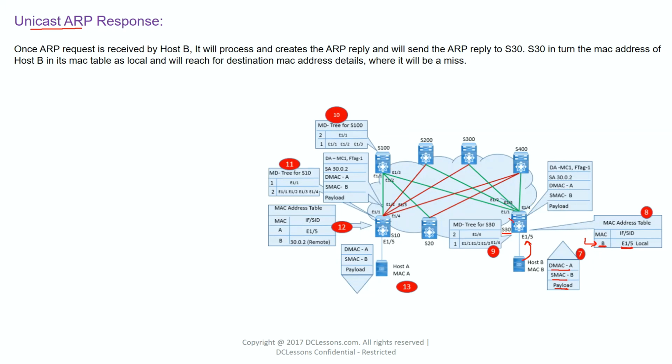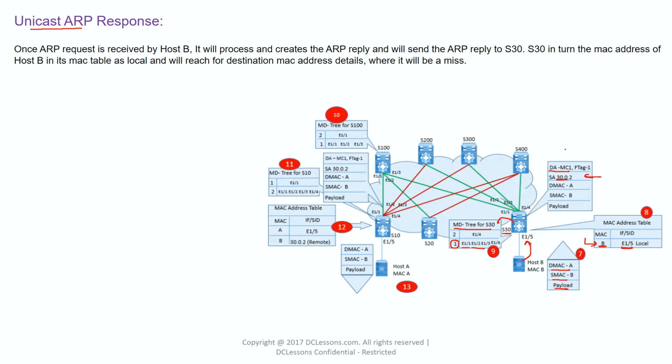So in that case, it will check its multi-destination tree. Again, it will take a preference for multi-destination tree 1. It will check the interfaces, then encapsulate it with the FabricPath header. Again, the source is switch 30, sub-switch ID will be 0.